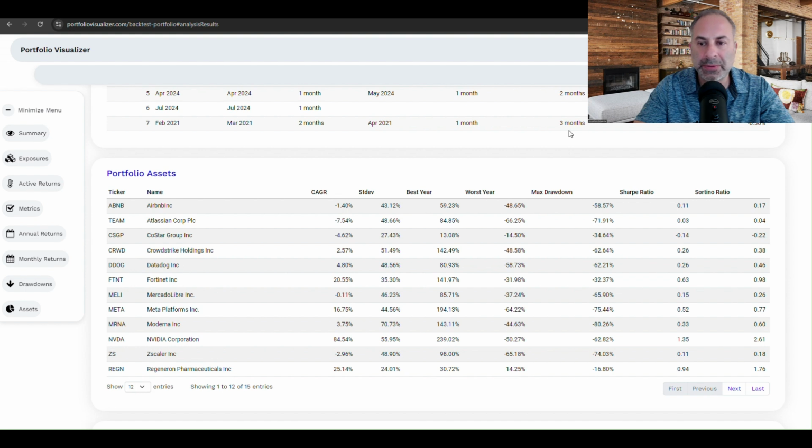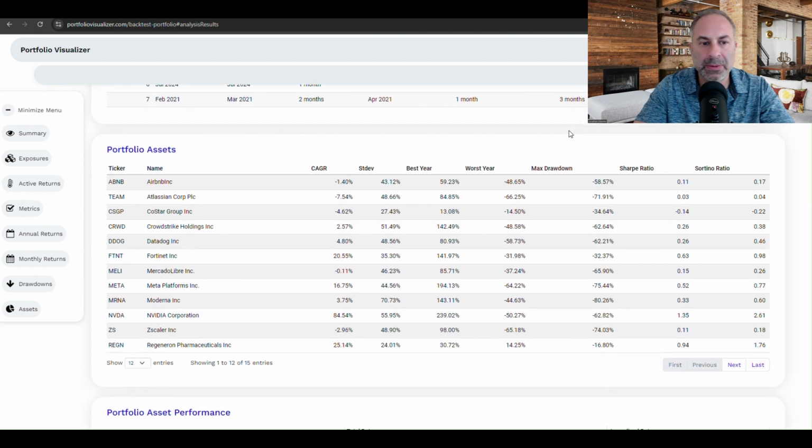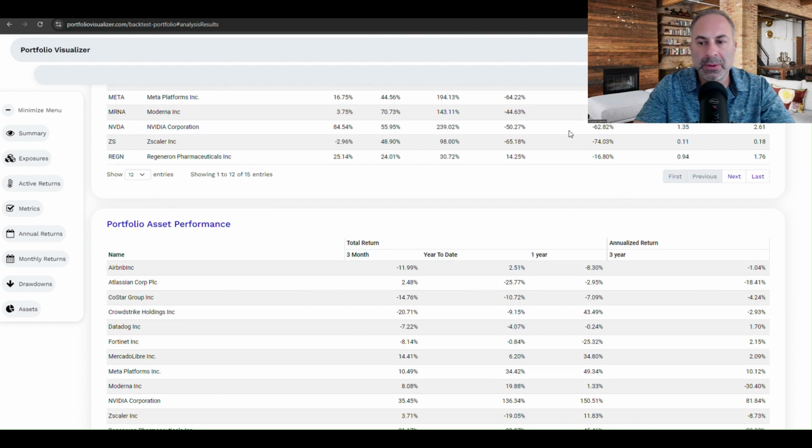I don't have an account with these guys. I will try to set one up here after I record the podcast. CAGR, so this is sort of by company. CAGR, standard deviation, best year, worst year. Drawdown information, Sharpe ratio. Kind of a neat tool.